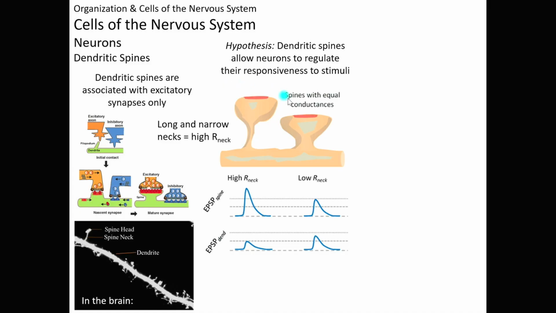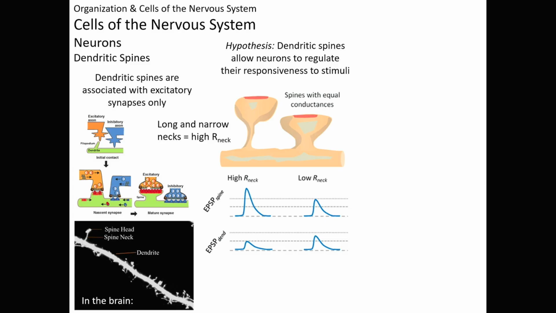By contrast, in the one on the right, which has this lower neck resistance, this wide, short neck, you can see how they've excited it to the same level, but that excitation is not building up in the spine. More of it is actually getting through the neck to the dendrite.